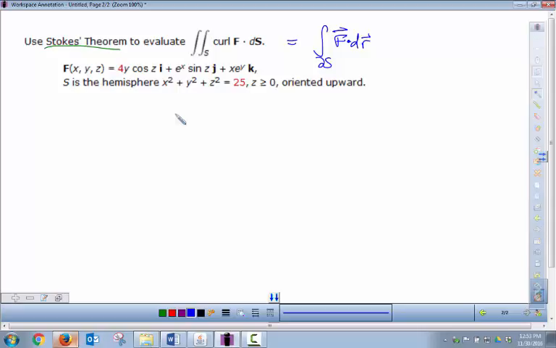So here you have a hemisphere. This is where we get to see our first application of how this orientation is going to work. You have a hemisphere, and then you want an outward orientation.